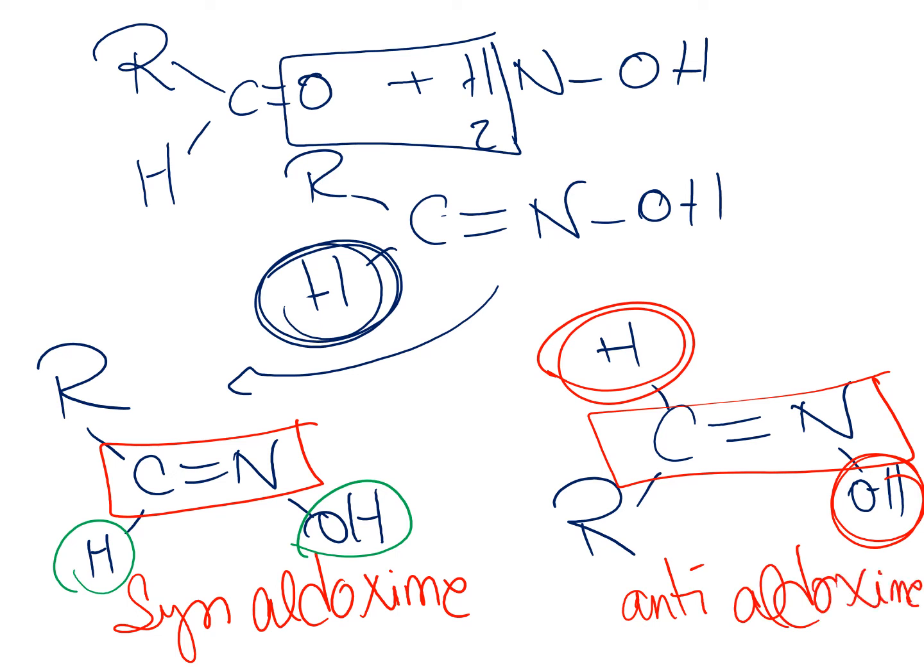These compounds can be easily differentiated from each other using a very famous reaction which is called the Beckmann rearrangement reaction. What is the Beckmann rearrangement reaction? It's a reaction where you actually react an oxime. Say we use this isomer.